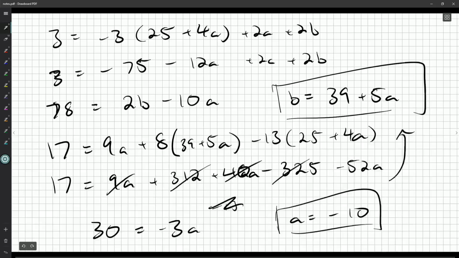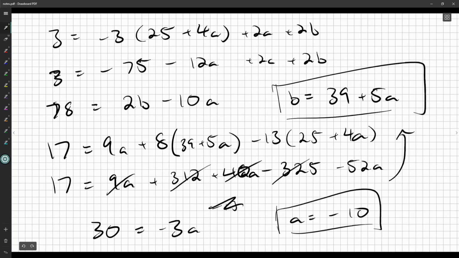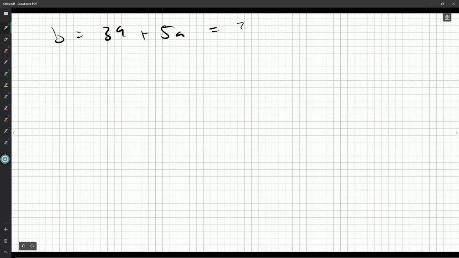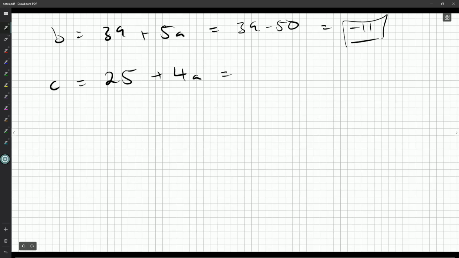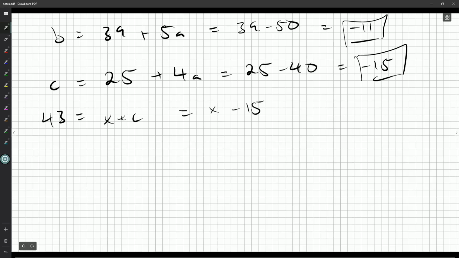Plugging that in, we should be able to get b. B is 39 plus 5a, and so that's 39 minus 50, so that should be negative 11. And C is 25 plus 4a, so that'll be 25 minus 40, that'll be negative 15. And if that's the case, 43 was x plus c, so that's x minus 15.